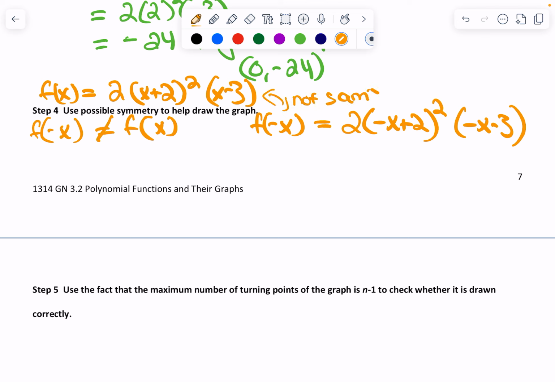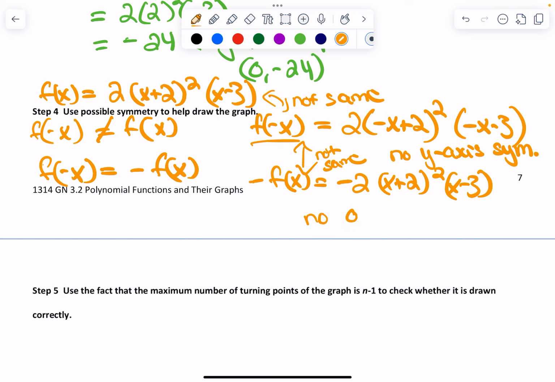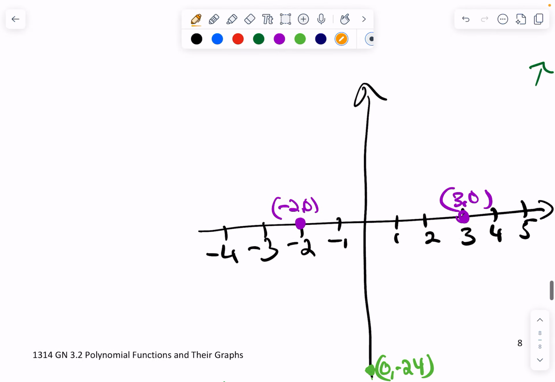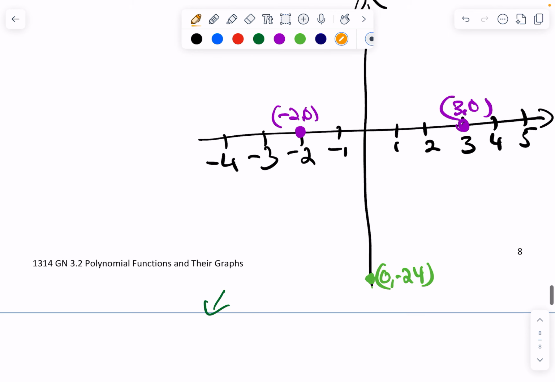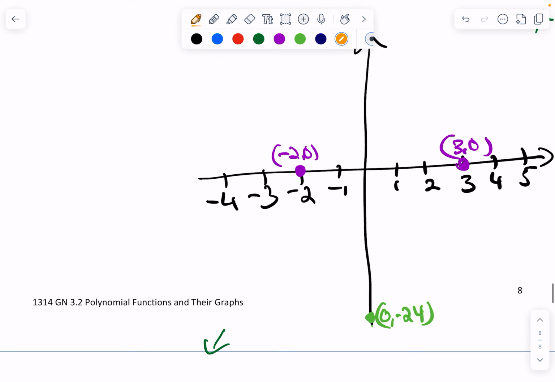Well, these two are not the same either. So that means that there is no origin symmetry. If we had the symmetry, we could do something with it, but with this one, we really don't have it.